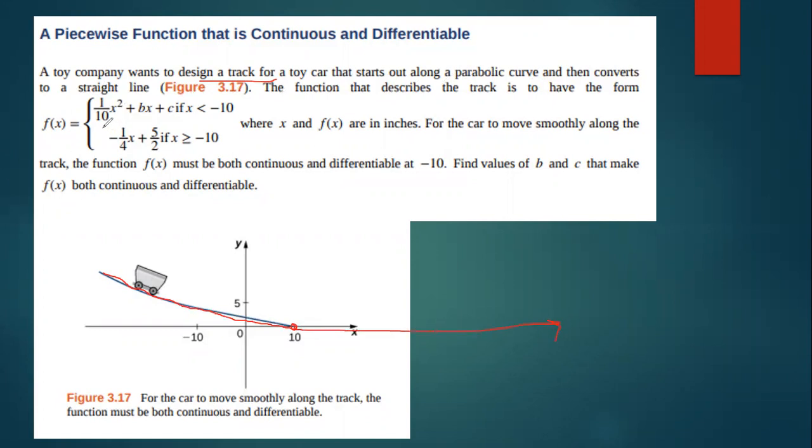For the function, this is the first function when x is less than minus 10. So what is this value? This value is when x is less than minus 10, that it is in this part. And for x greater than or equal to minus 10, I have taken this part. So these two functions are given.